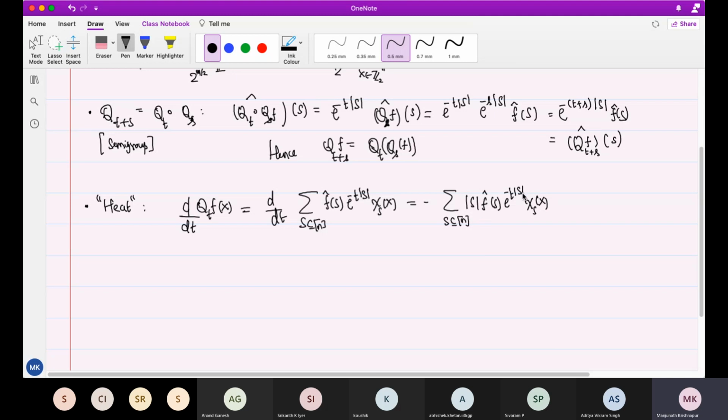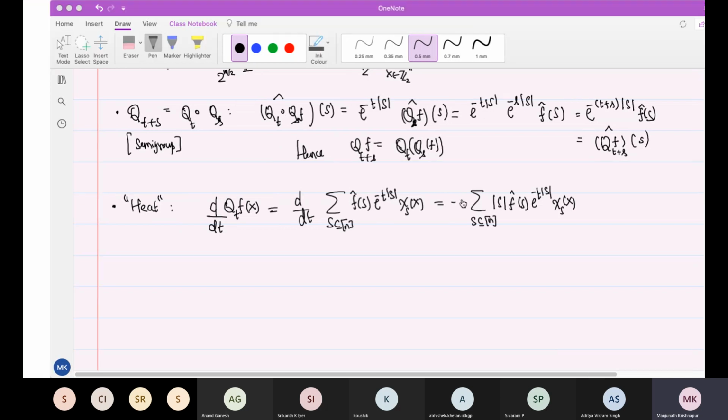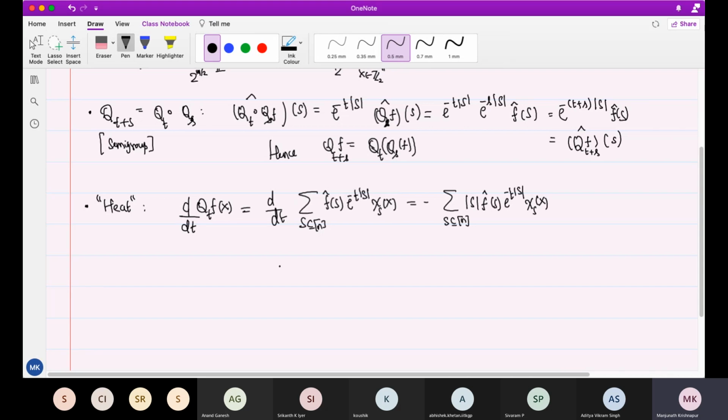Now, what is this actually? So, what is this quantity? Well, we can write it in the following way. The cardinality of S is there, right?